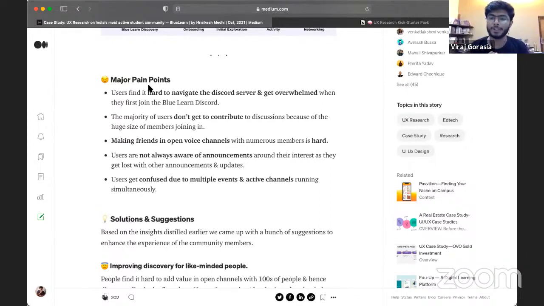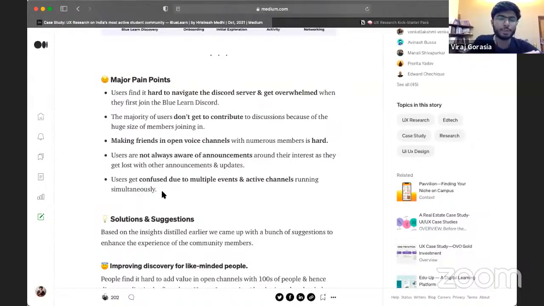So whatever we have done from the start to this point, we have boiled it down to these pain points. As a researcher, the work of a researcher is to understand the pain points, and then the whole team or the whole company works on it to make better solutions and improve it.